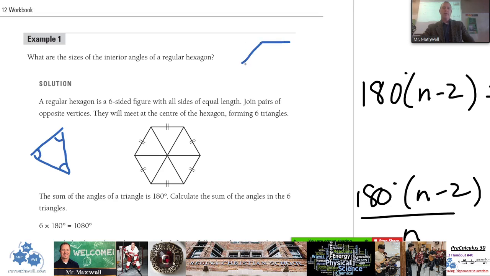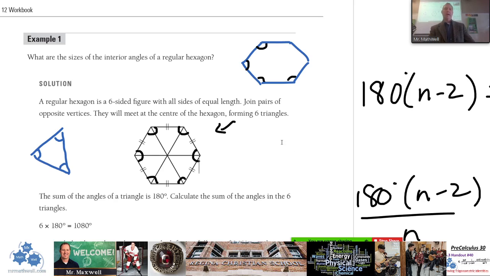If you have a hexagon, the interior angles would be these ones right here. And if you had a regular hexagon like this down here, all the sides would be the same, and therefore all of the interior angles would also be the same. Now don't let these diagonals confuse you. Interior angles would be right here.